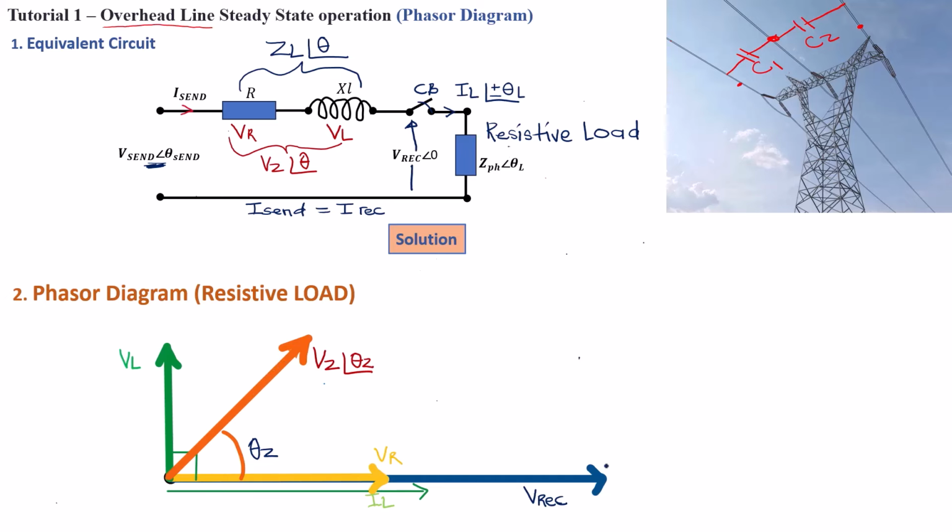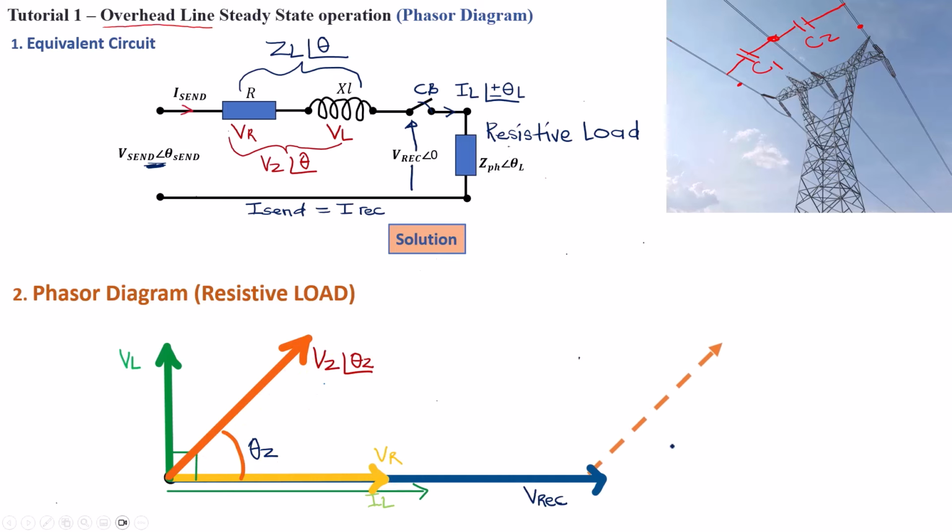VZ must be projected at the top of V receiving, so that we can do phasor combination: this segment of VZ must be combined with the V receiving to give us V sending. That's basically what we need to do here. Great. So let us now project the voltage across the transmission line to the top of the V receiving end.